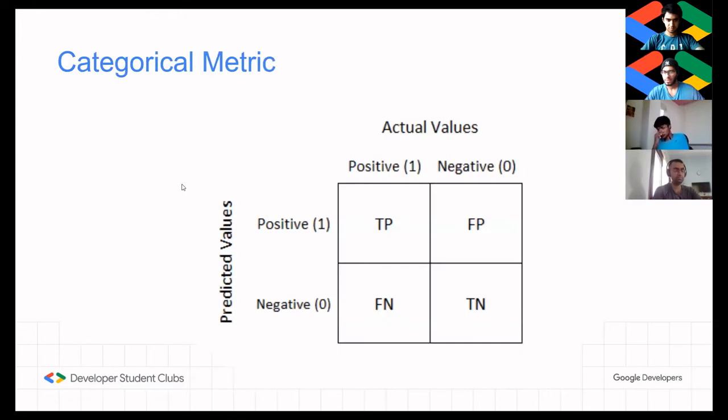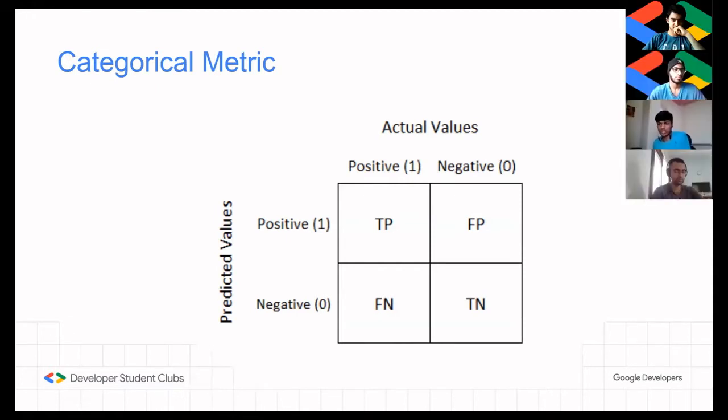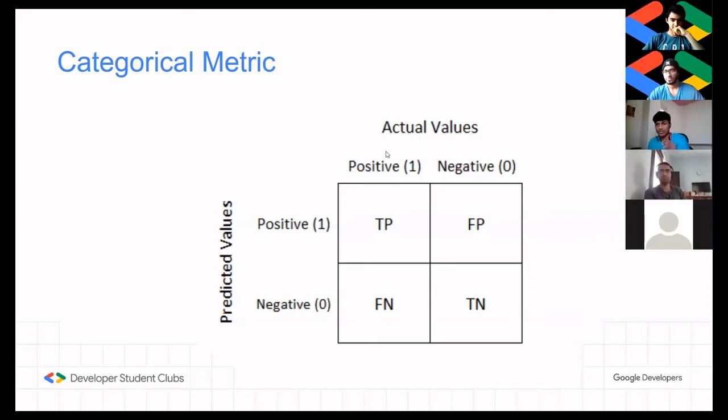So this is known as the confusion matrix. What we can get from the confusion matrix is that we can know how well the model is working. So for example, we have the actual values, and then we have the predicted values using the model. When both are positive, for example in our data set, when the actual value is admitted and the predicted value is also admitted, it's known as true positive.